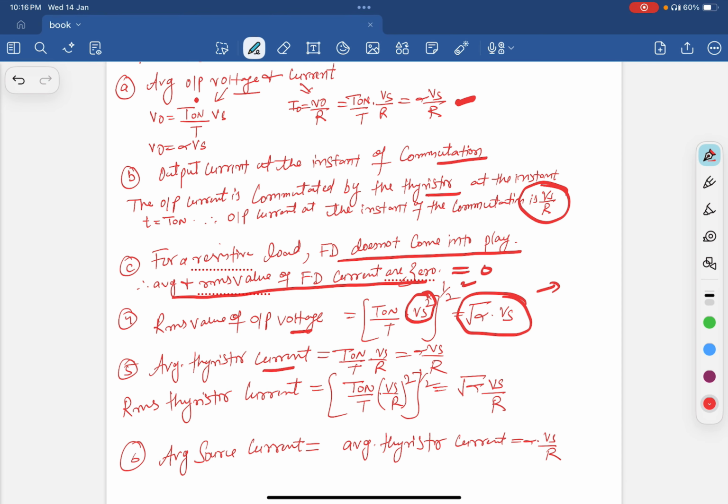Also the average thyristor current is T on upon T into Vs by R, so it is alpha times Vs by R. The RMS thyristor current is the square root of alpha times Vs by R, also used in numericals. And the average source current is equal to the average thyristor current, that is alpha times Vs upon R.